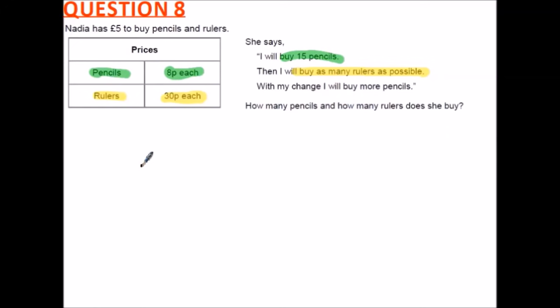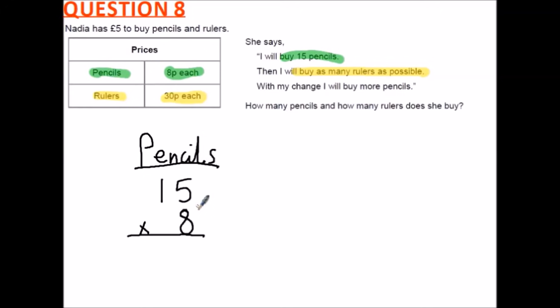So the pencils, first of all, we're told that she's going to buy 15 pencils. So that's going to be 15 multiplied by 8. You can multiply any way you want to, really, but I'm just going to do what I call the old-fashioned way, because this is how I was taught, and I'm obviously really old. Anyway, 8 times 5, first of all, is 40.